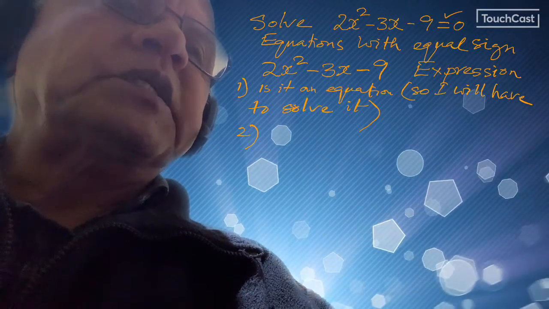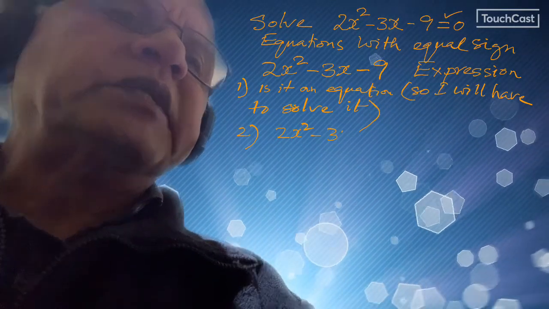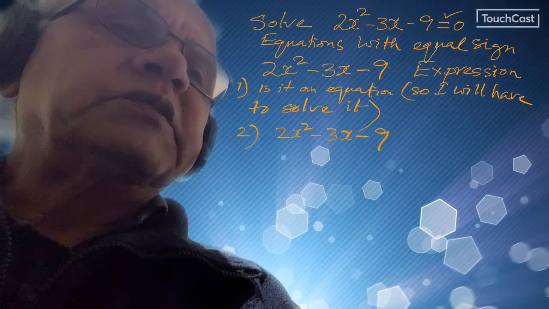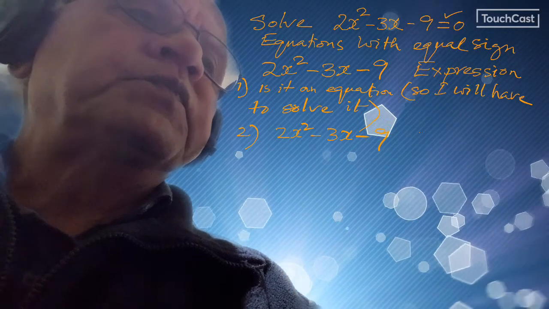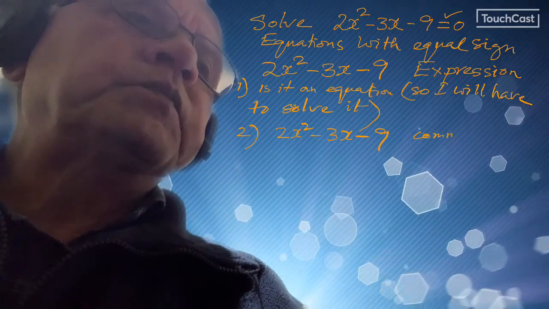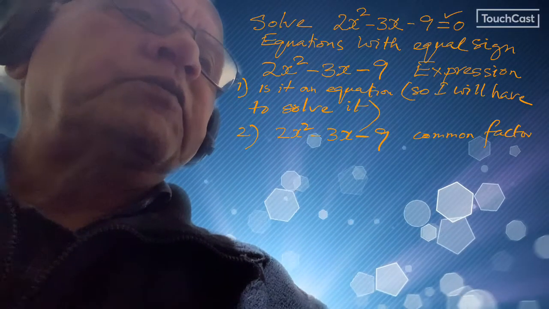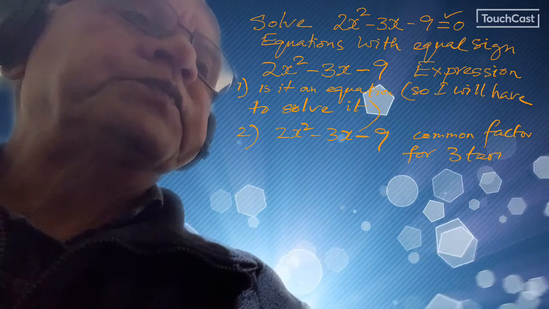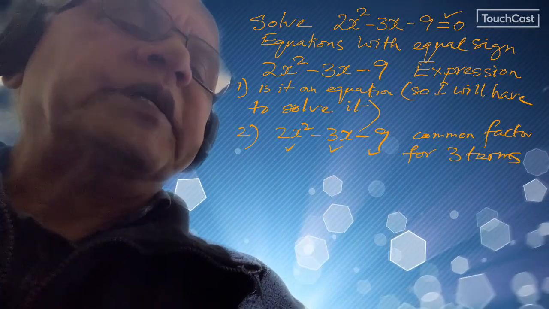if I consider the expression 2x squared minus 3x minus 9, and if I try to factorize it, is there any common factor for three terms? That's term 1, 2, 3.